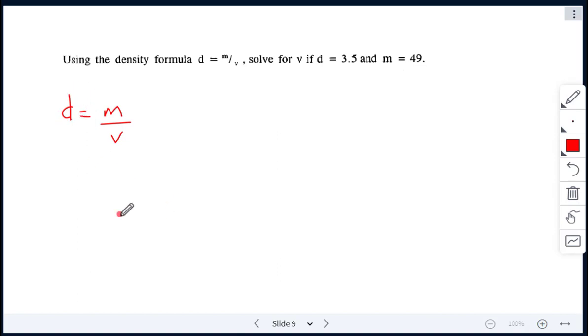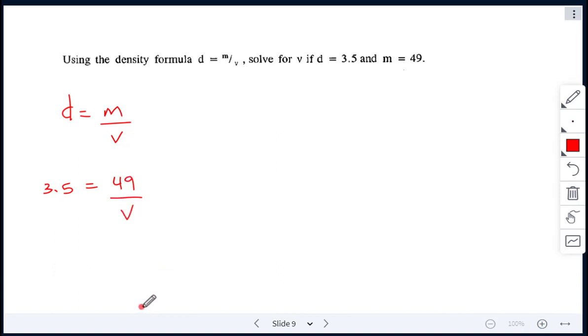We're solving for density. We're told that, oh no, we are solving for volume. All right, so we are solving for volume, and we're given density is 3.5. There's no units given, so we'll just put 3.5 here. Our mass is 49, and we are solving for V.